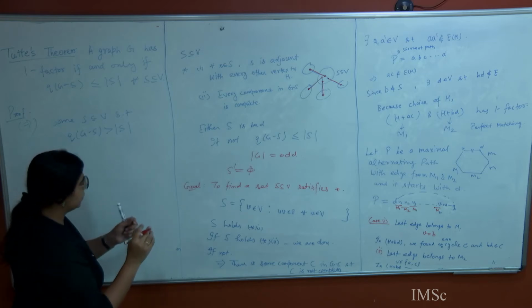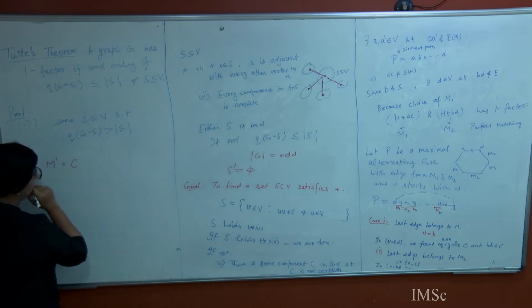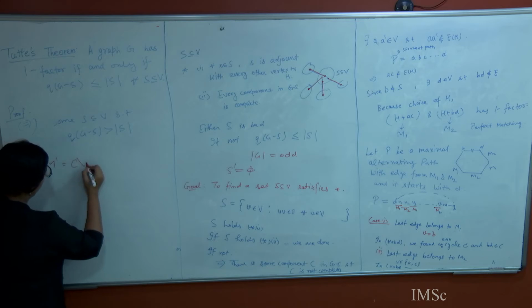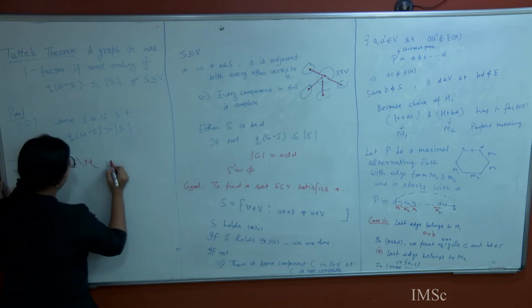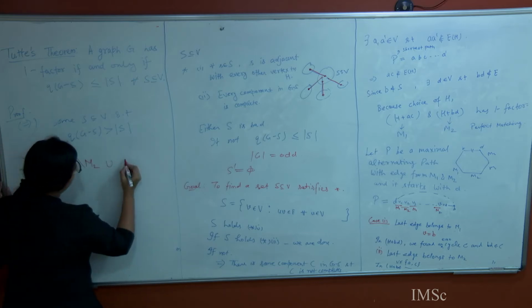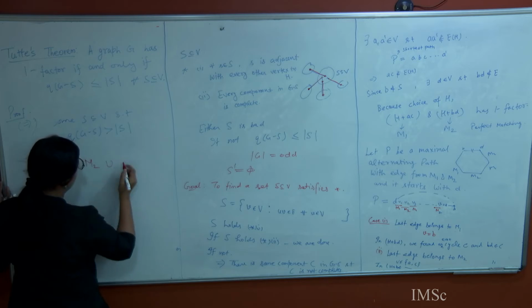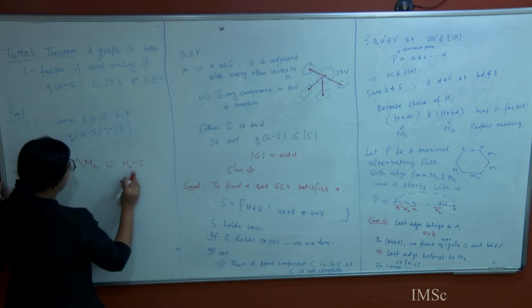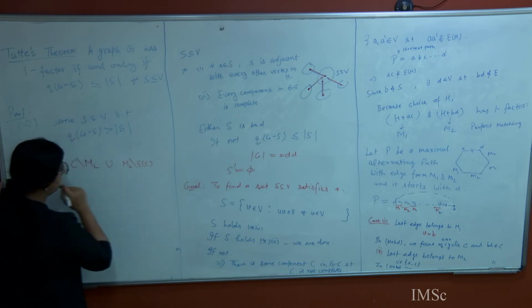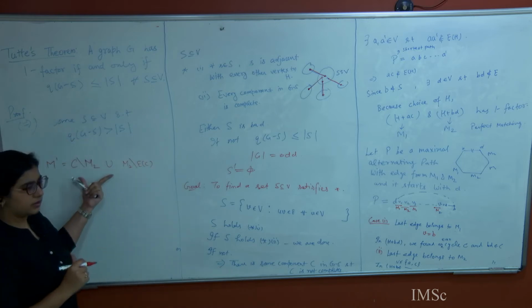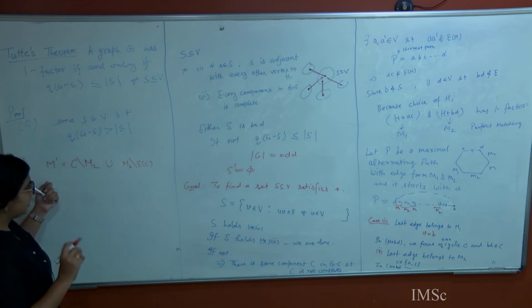Take all the edges from the cycle C, remove all the M2 edges and take union with the whole M2 minus C. Okay, so I am defining a new matching.